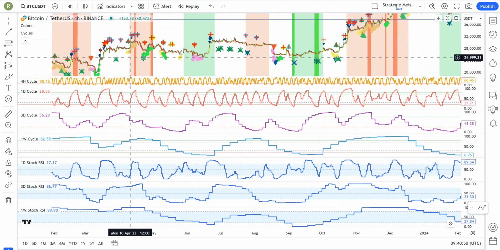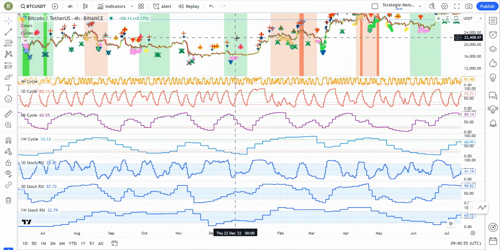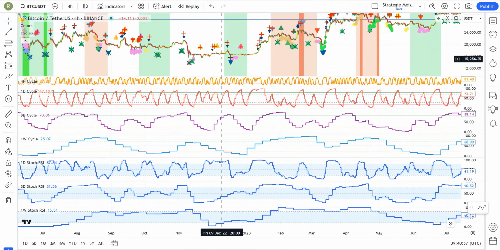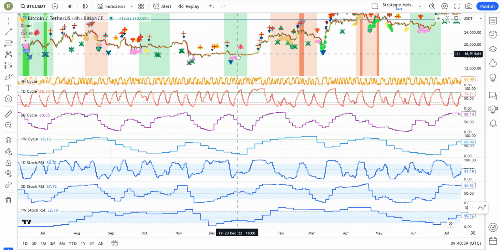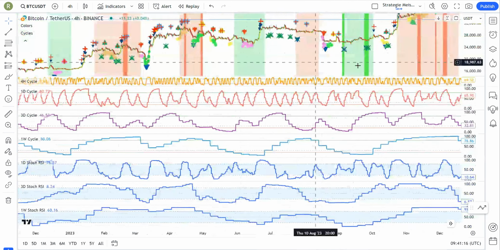And if I go back, I can see that we had a similar chance somewhere around the bottom of Bitcoin, right? The weekly Stoch RSI was 32, so it didn't touch 20. However, the weekly cycle and the daily cycle were both below 20 at about the 20th of December 2022. So we must use these kinds of chances because this is the easiest opportunity to print money.